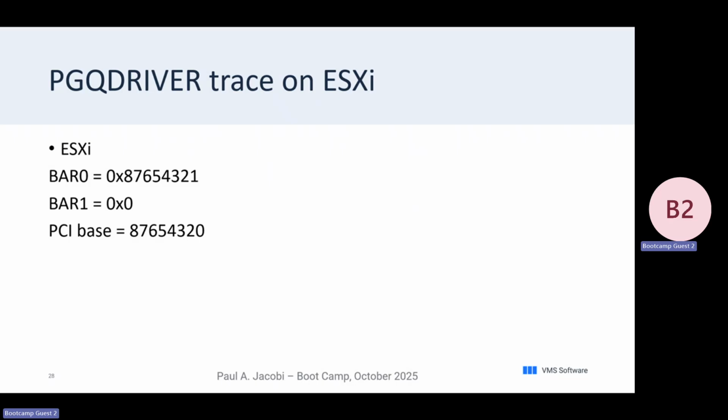And notice we correctly cleared out the low 3 bits in our base address, because it was a 1 and now it came to 0. But when we ran the logging driver back on QEMU KVM, we found that BAR 0 had a nice address and also BAR 1 had a nice address. But when we combined those two addresses to a full 64-bit address, the upper 32 bits were missing.